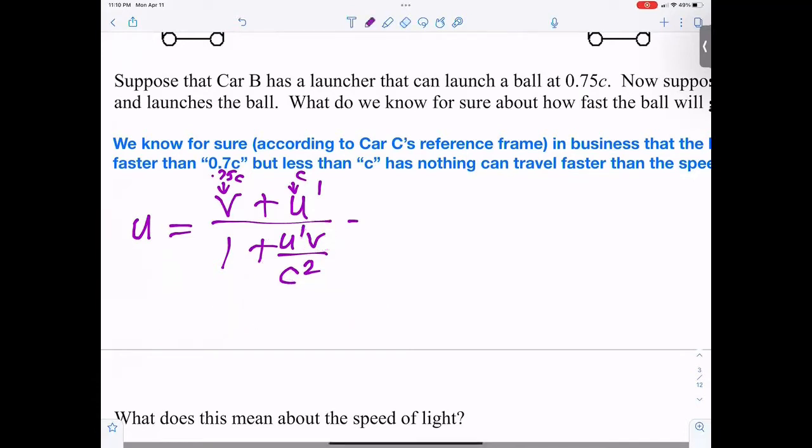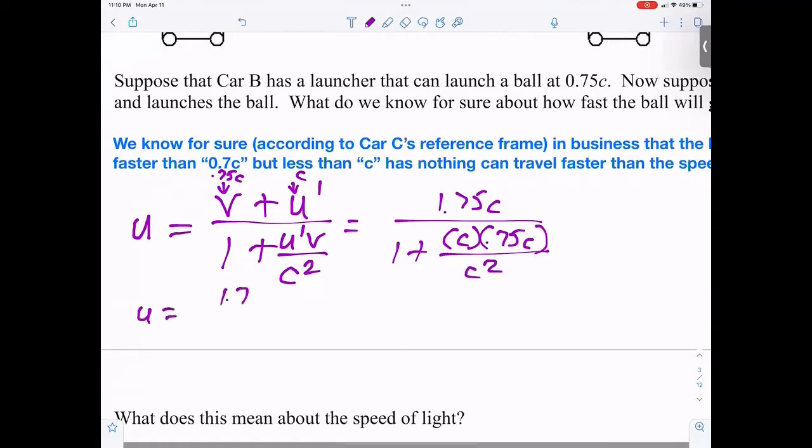So let's go ahead and compute this example. We add these together, and we have 1.75 c over 1 plus c times 0.75 c over c squared.